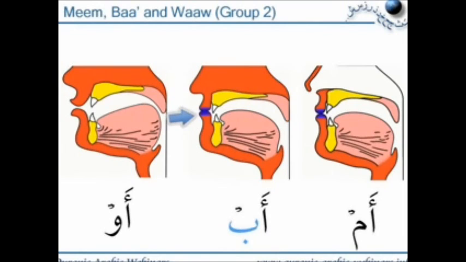So we have ab, and you can feel the wet portion of your lips come together. And then we have aw. With the waw, you'll notice that you make a small circle with the lips, and it's the outer right and left side of your lips that come together. Aw.